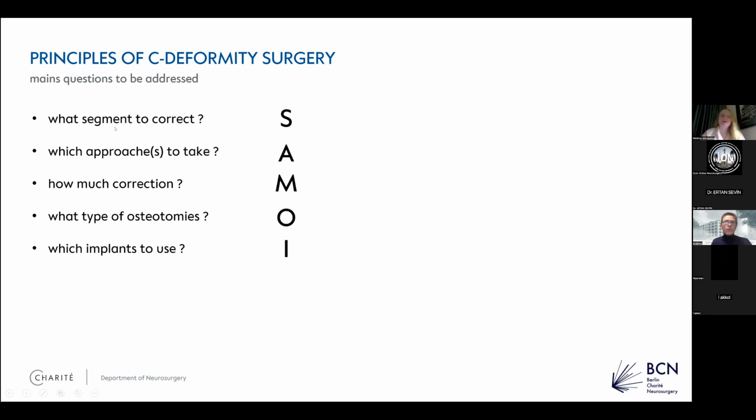S for what segments to correct. So you have the driver. Now you have to identify which segments and how long segments in your driver you would like to correct. Then what approach? A, anterior, posterior, or anterior-posterior in combination. How much correction? So the magnitude of your correction.